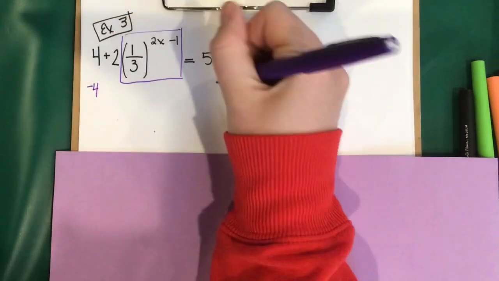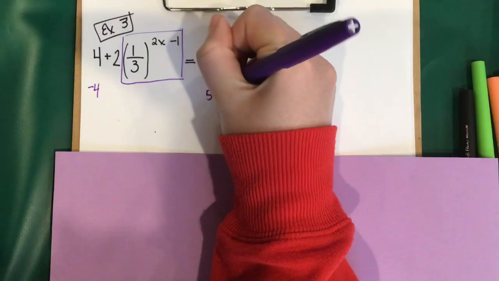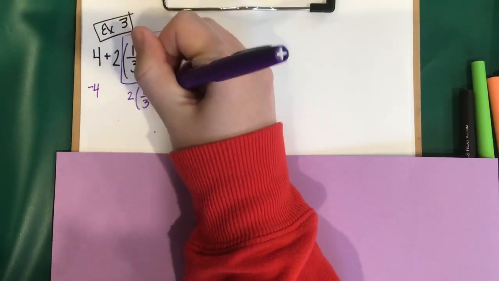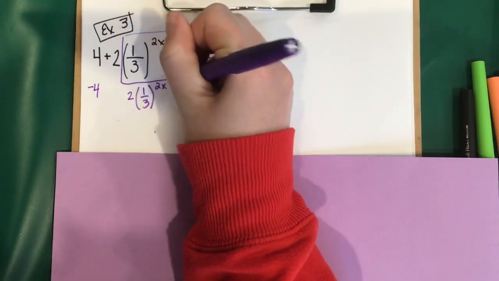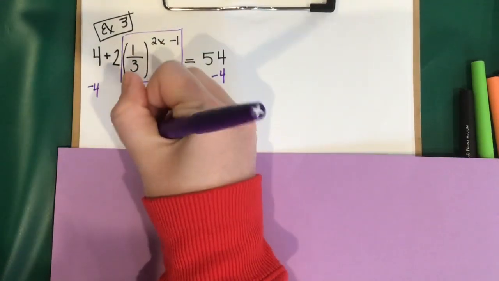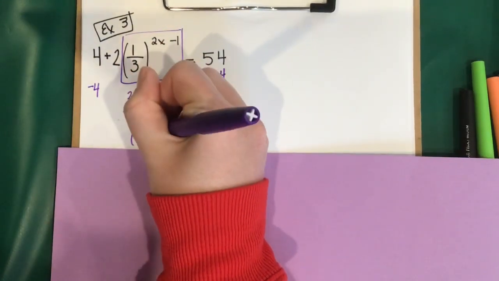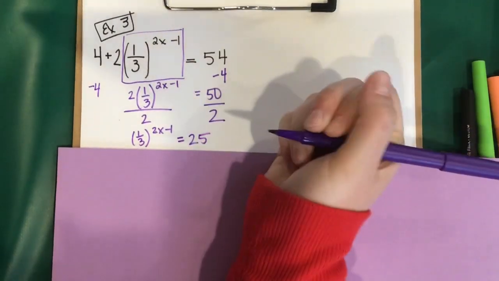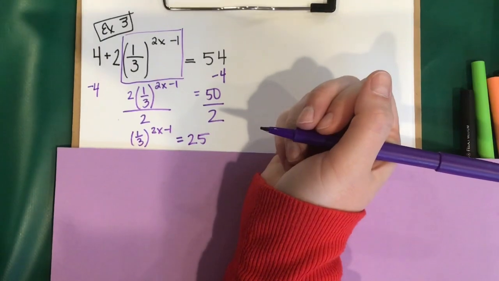So I'm going to go ahead and subtract my 4. Then I'm going to divide both sides by 2. And so I have 1/3 to the 2x minus 1 equals 25.